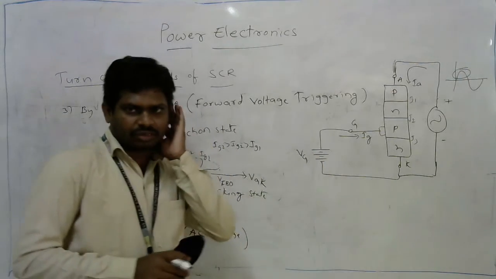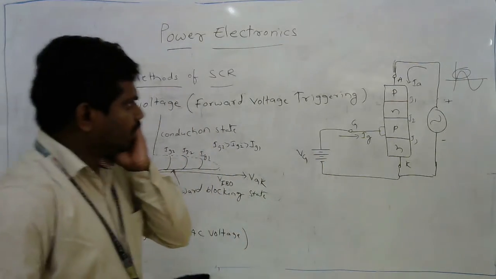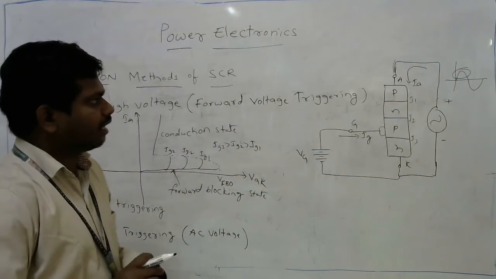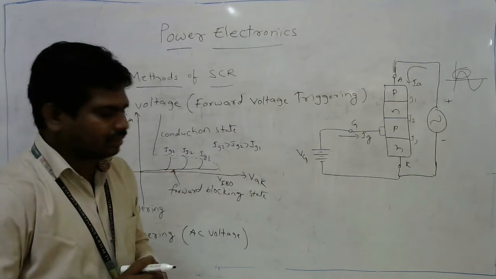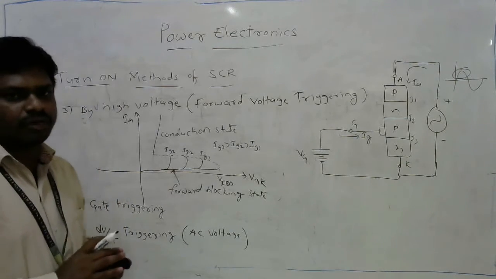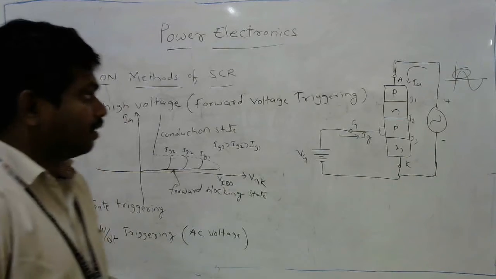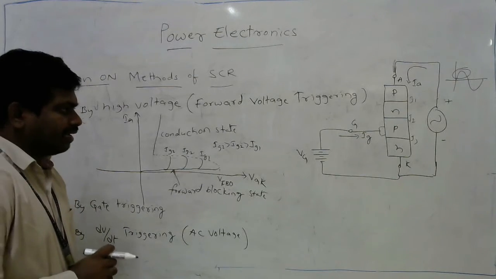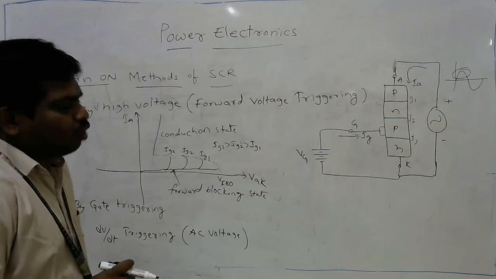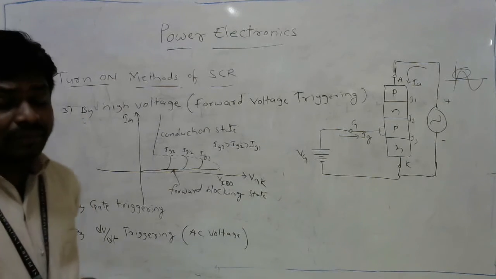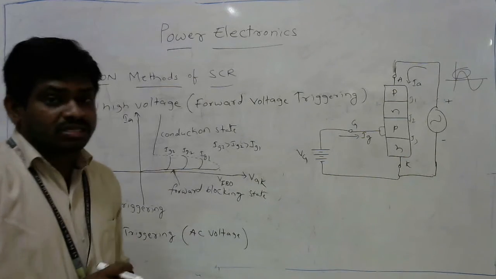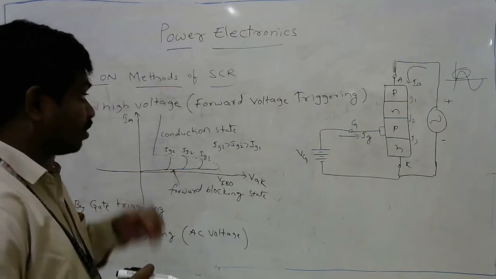During the negative half cycle, it doesn't allow conduction. That is what we call dV by dt, the rate of change of voltage with respect to time. That is the alternating polarity AC signal that we are applying across anode and cathode. But it comes into conduction state only during the positive half cycle applied across anode and cathode.